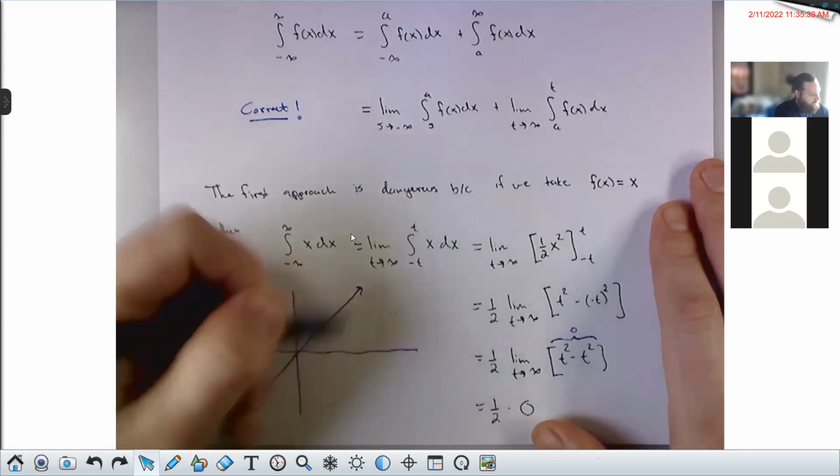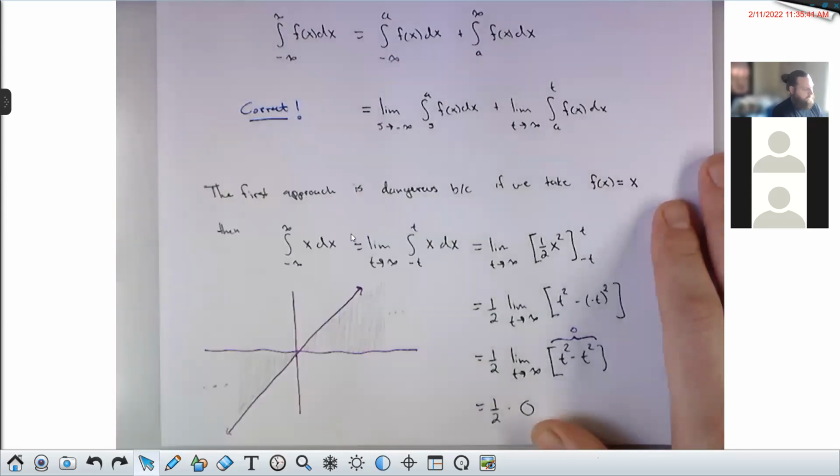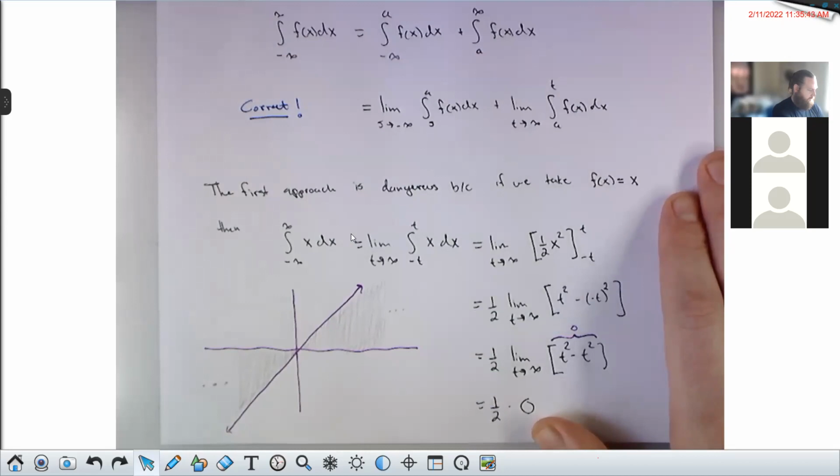Which is obviously infinite, right? This is not a finite area.